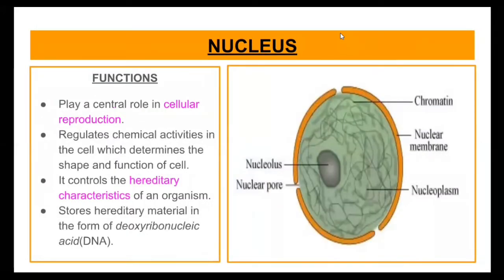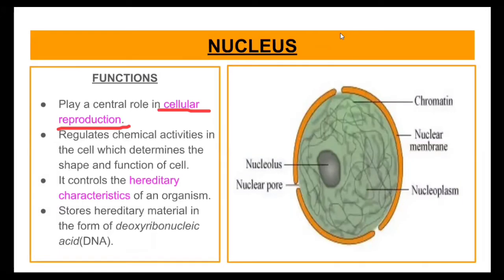Functions of the nucleus. It plays a central role in cellular reproduction. The formation of new cells that is controlled by the nucleus means the mitotic division and the meiotic division. It is controlled by the nucleus.